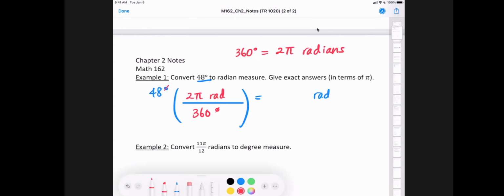So when you're doing the conversion, it's like you're multiplying by 2 pi and dividing by 360. And if we calculate that value out, because we want the exact answer in terms of pi, I'm going to carry the pi over and then calculate out this 48 with the 2 and the divide by 360, right?